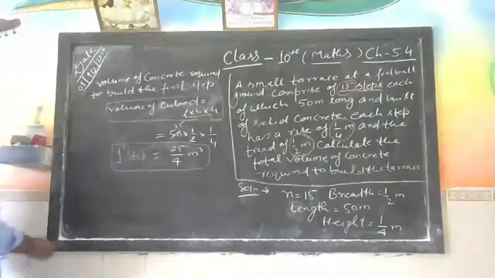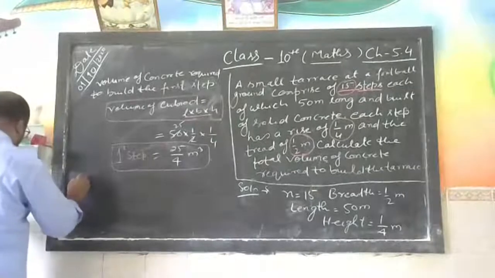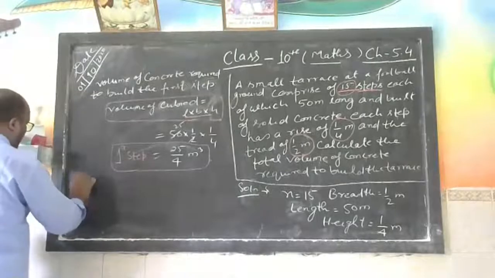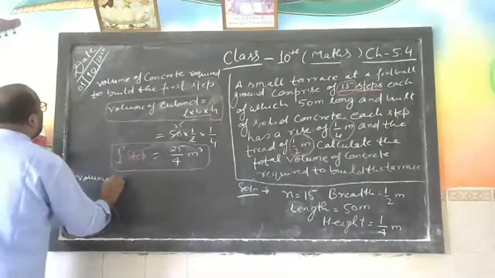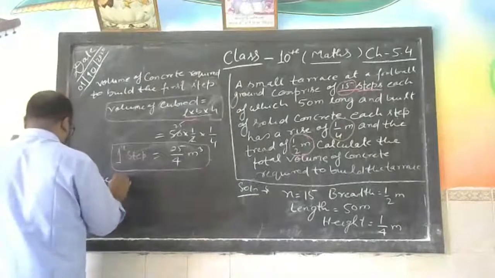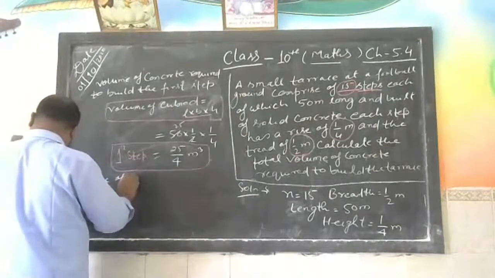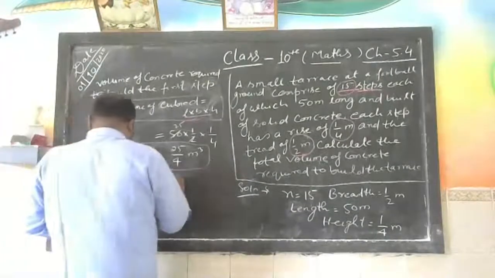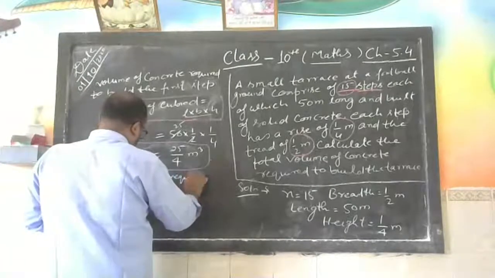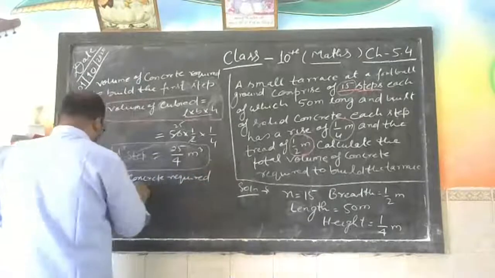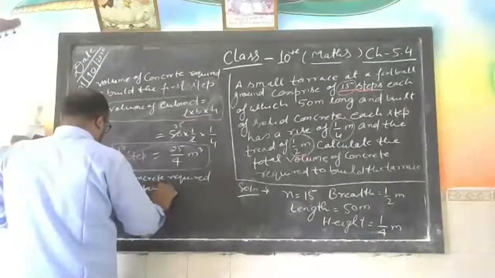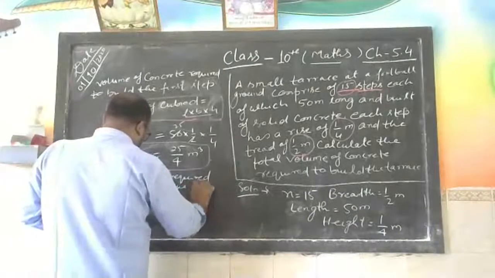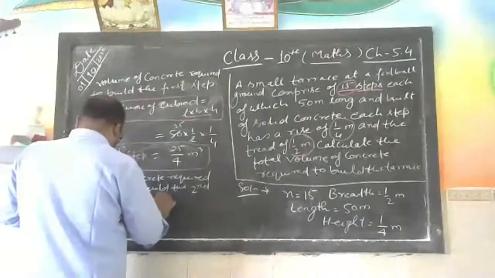So for the second step, calculate the volume of concrete required to build the second step.